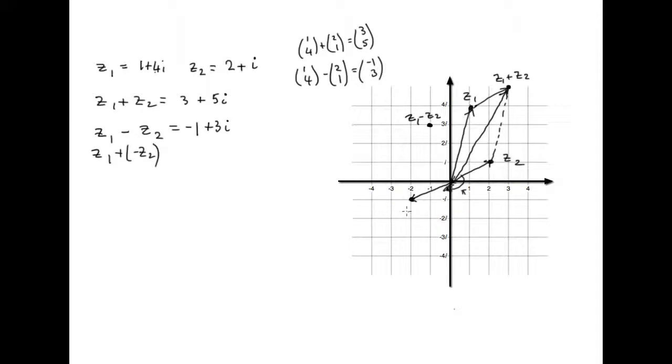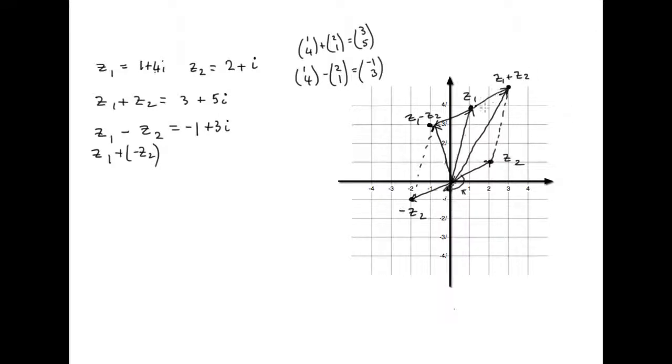So there's minus z2, and then to add z1 followed by minus z2, 2 along 1 down, there's the parallelogram that we get from adding z1 and negative z2, and its diagonal would be the vector associated with the resulting complex number z1 minus z2. So there's another parallelogram appearing.